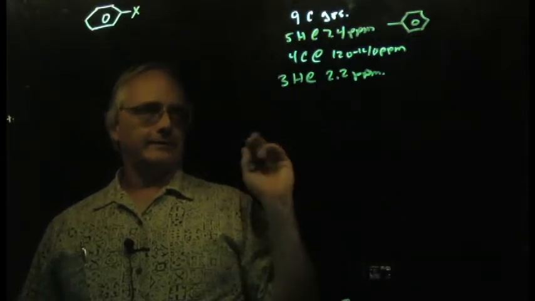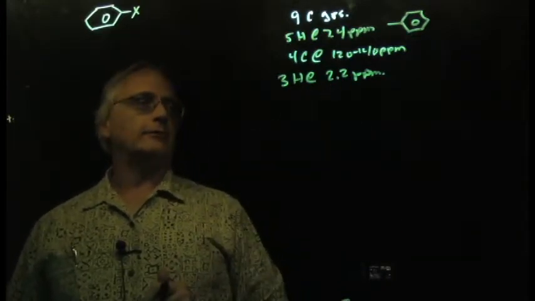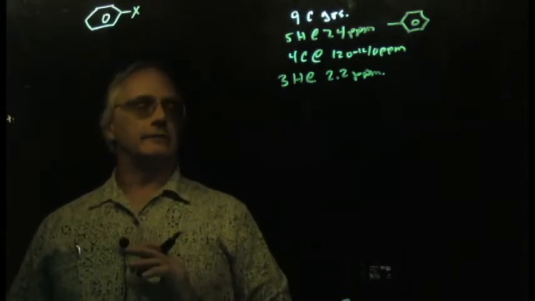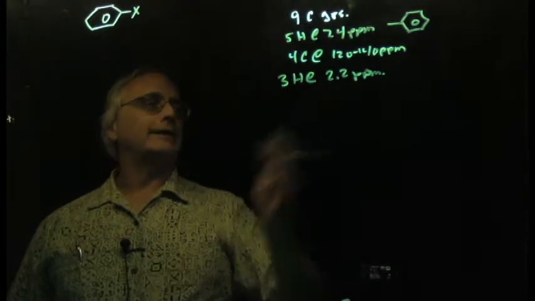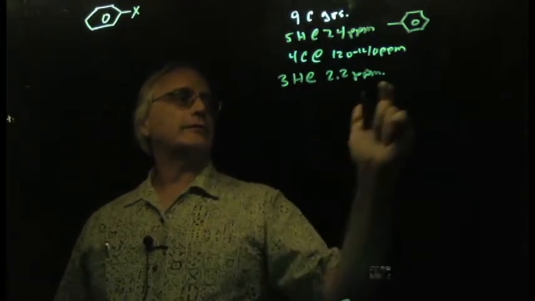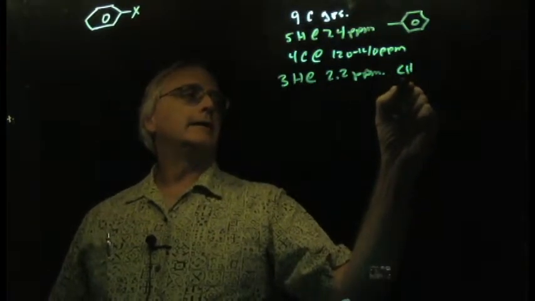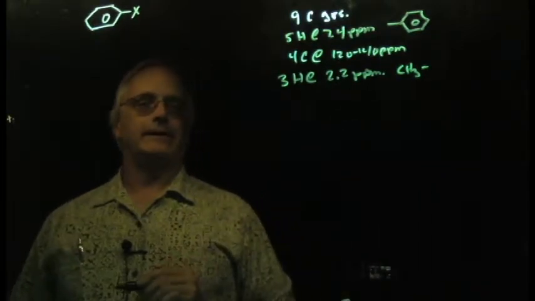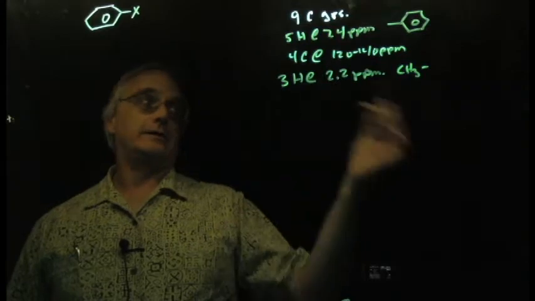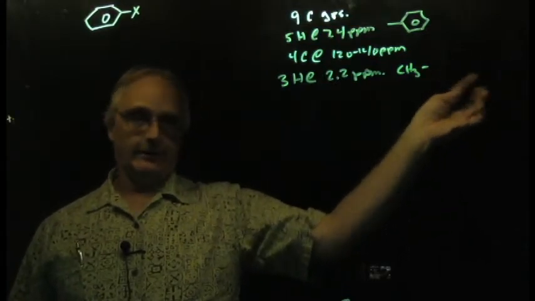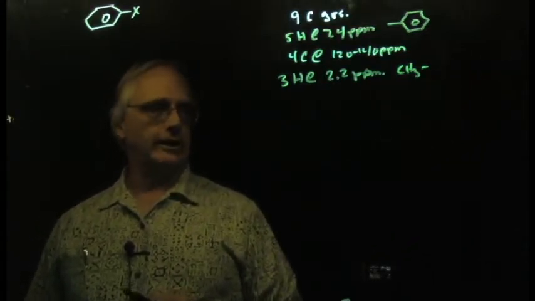Methyl groups higher than that, here in the 2.2 region. Remember, that's a messy region of a proton spectrum. There's a lot of stuff that comes there. But things that integrate to 3 in that 2.2 region, it's almost certainly a methyl group. But a methyl group next to something, and I usually phrase it, something interesting, not just another CH2 group on it that makes it the end of an alkyl chain.